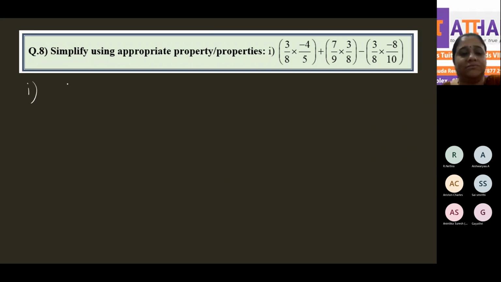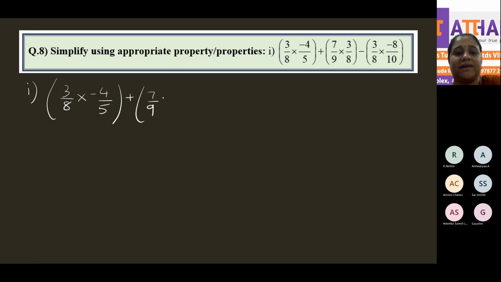Let's begin. What are we given? 3 by 8 into minus 4 by 5 plus 7 by 9. Don't write anything, children. First listen. This is what is given to us.